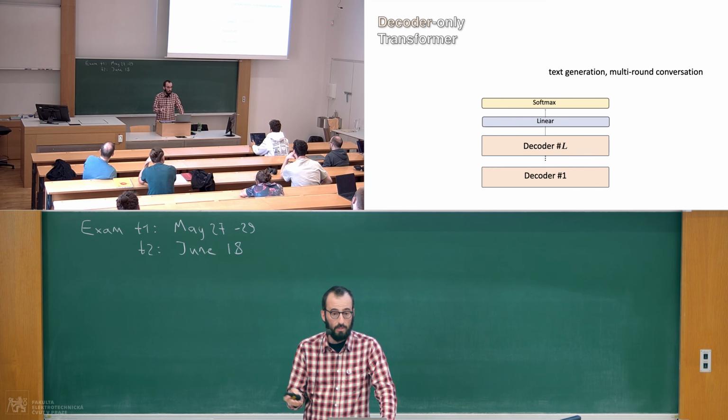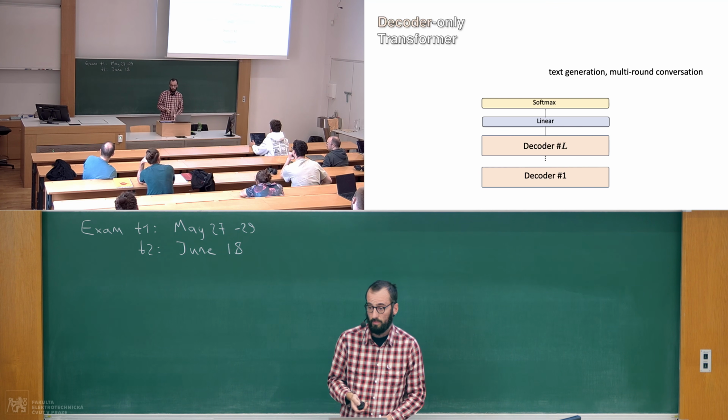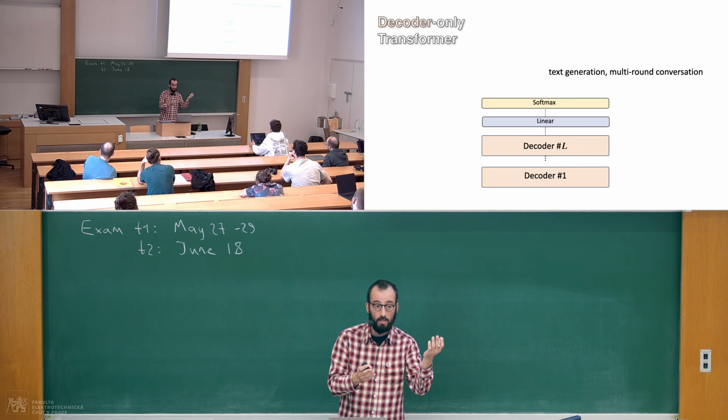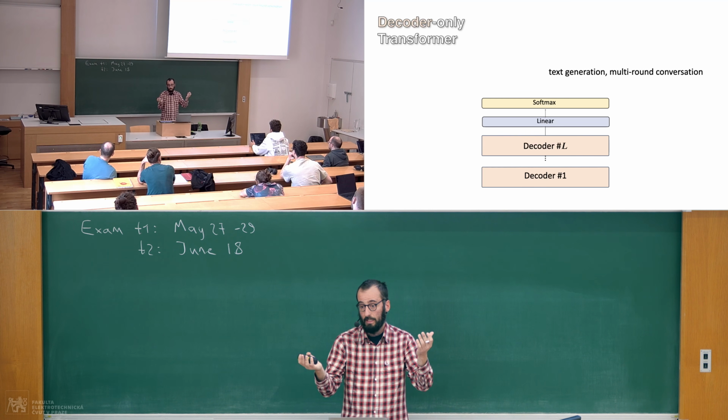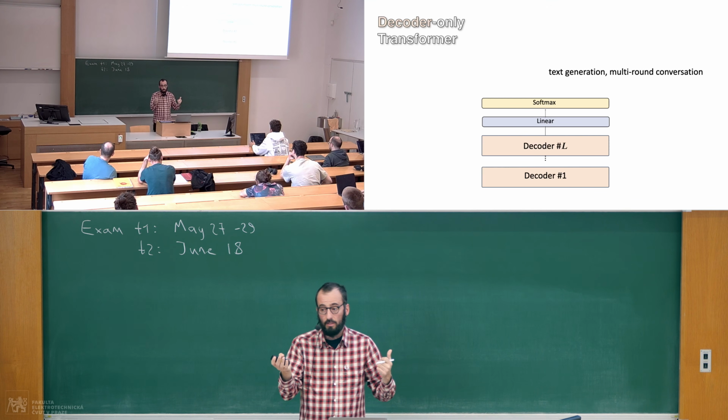So ChatGPT behind has a decoder only architecture. So now there is not this asymmetry of I give a question, give an answer, and we stop there, or I give a sentence, translate it, and we stop.